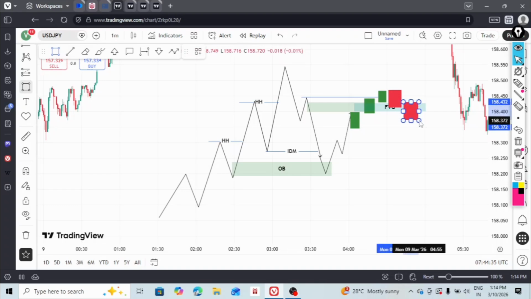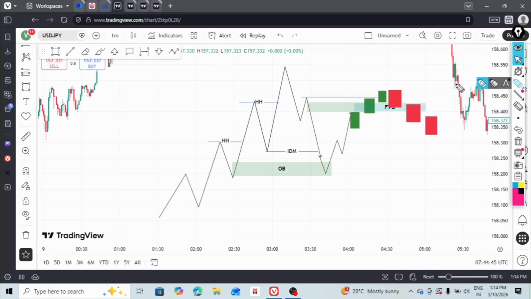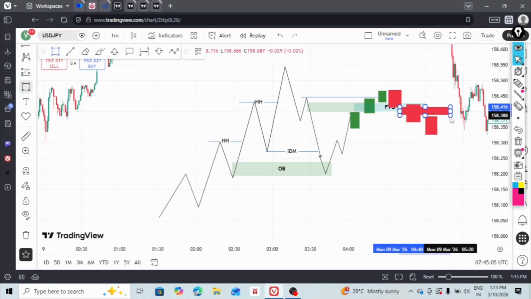Without respecting the bullish gap, the market went down here, and then down here again. Not respecting that bullish gap also indicates that the buyers are becoming weak, and then it created the bearish gap, which gives some signs of reversal, that the market wants to go down. So here it has created the bearish gap.